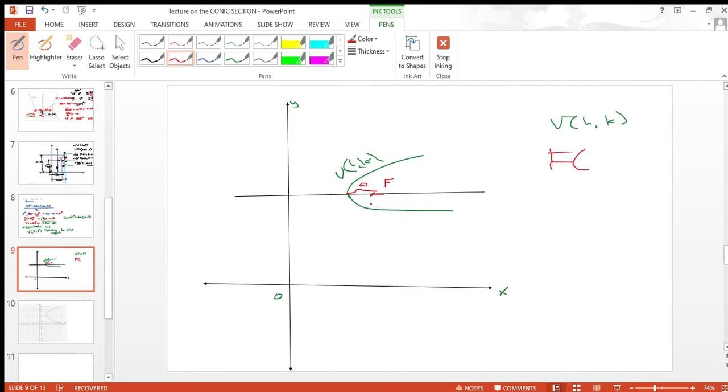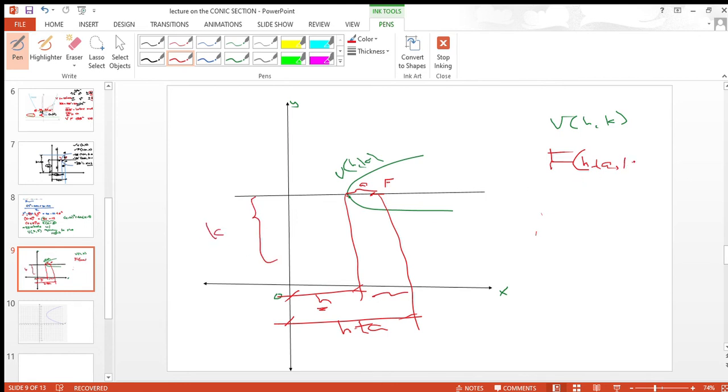If this is hk, pag nag-drop ka ng perpendicular line, this is h. So, yung sa f, ano yung abscissa niyan? Ito. Which will be h, di ba? H plus this. Ano yun? A. Di ba? H plus a. And then, yung ordinate niya will be k, which is already given.